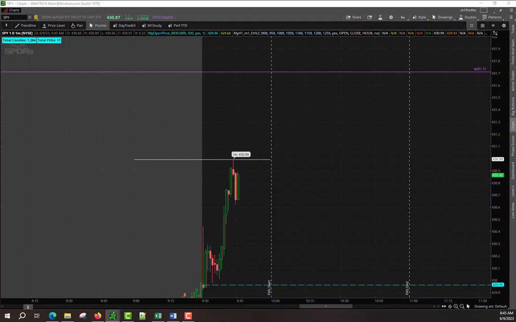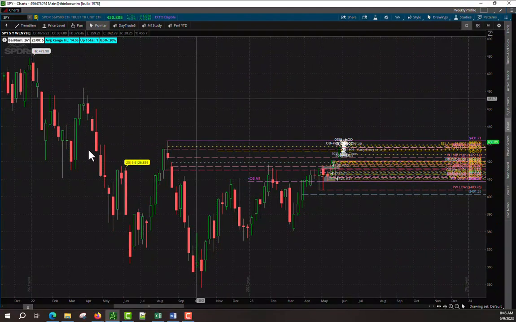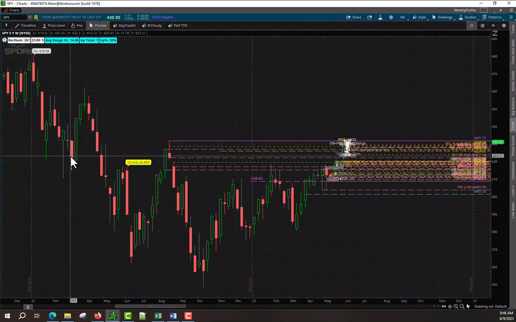Oh, we find out that for the weekly, we see that this is a bearish breaker. What you see right here on the weekly, we identify this as a bearish breaker.